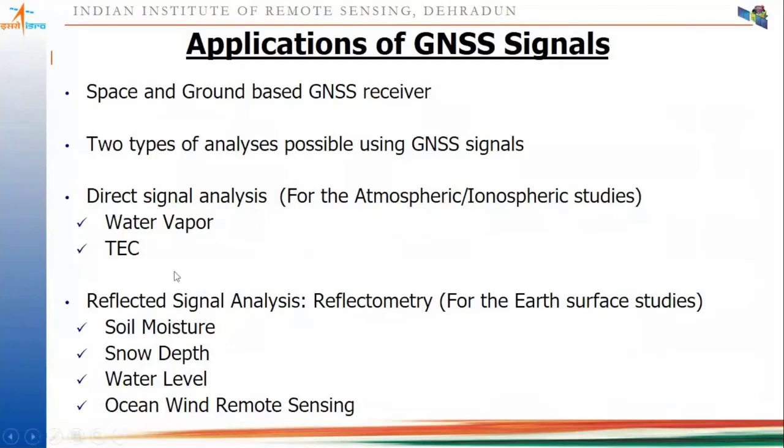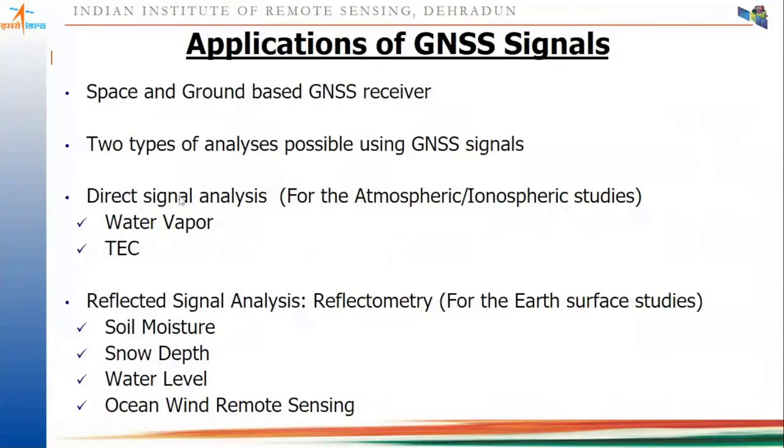Now, from the space and the ground, there are another two types of analysis possible using these GNSS signals. One is the receiver which directly receives the satellite signals from the GPS satellite.